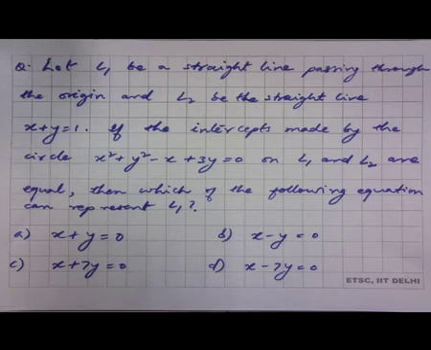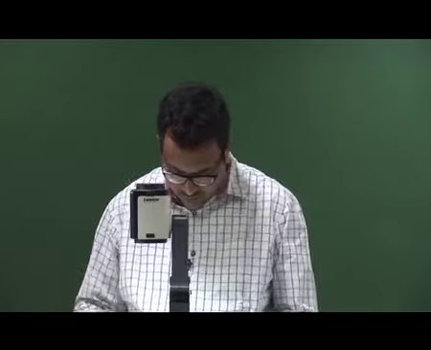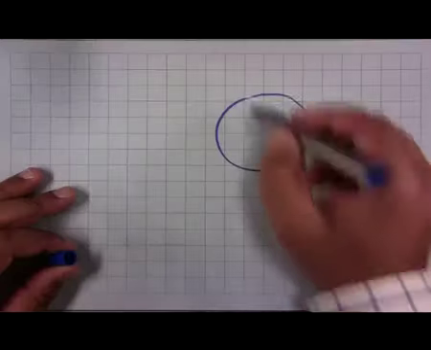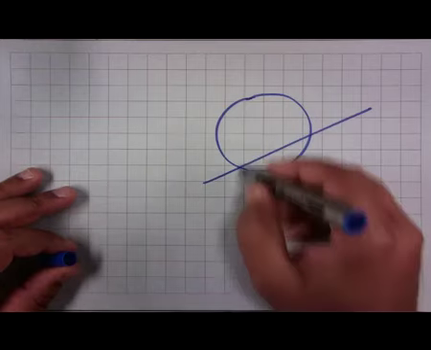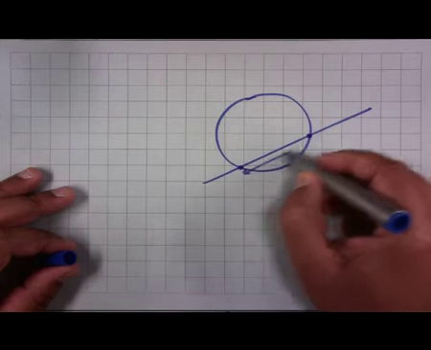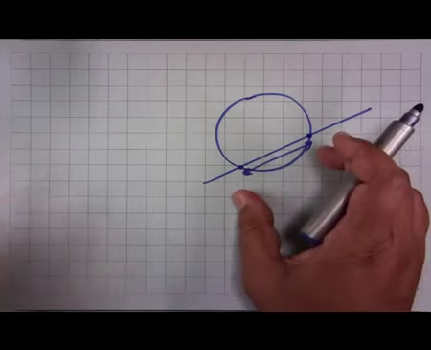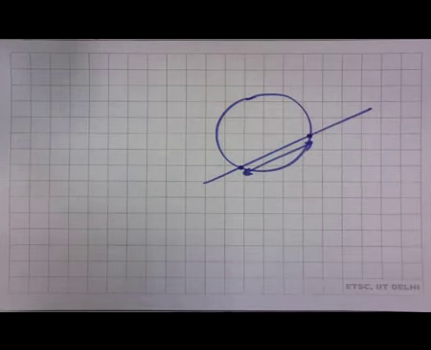In the last lecture, we had derived the formula for finding the intercept made by a circle on both the axes. But what if we are asked the following question? So, we are given a circle and we are also given a straight line, and we are asked to find this length, which is called the intercept made by this circle on this straight line.